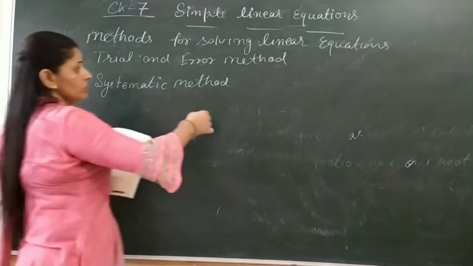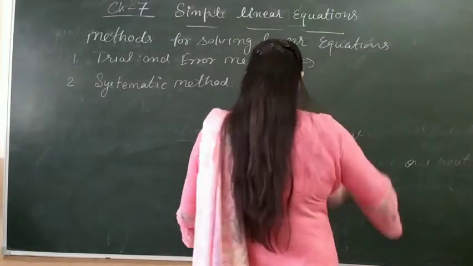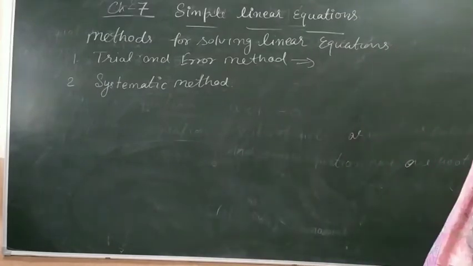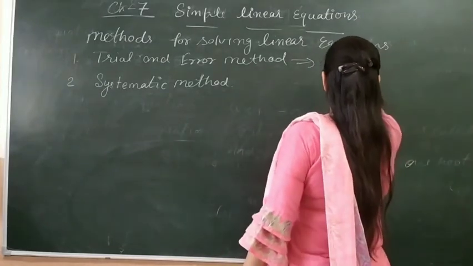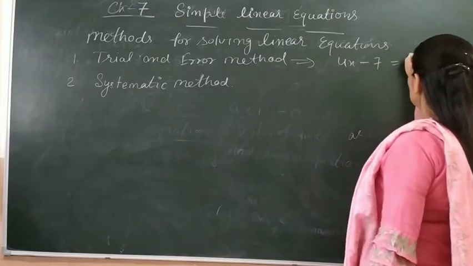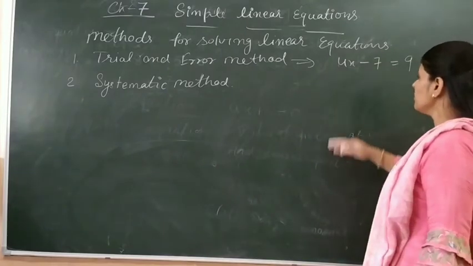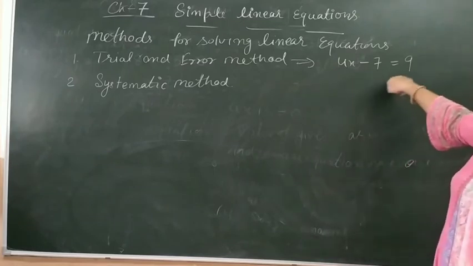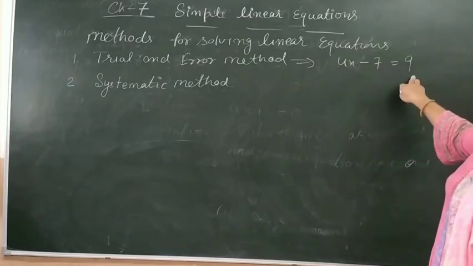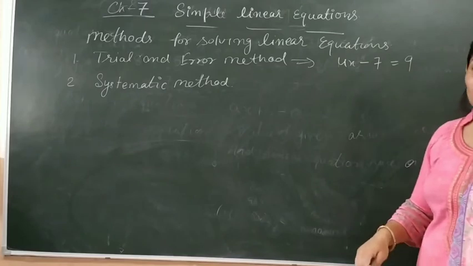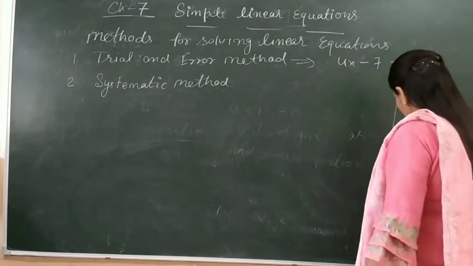Example: 4x minus 7 is equal to 9. Let us take different values of x, and if we get the value 9, then our answer is correct.